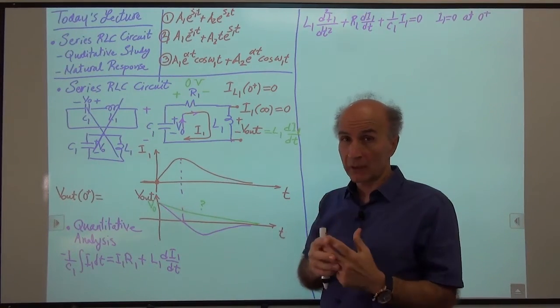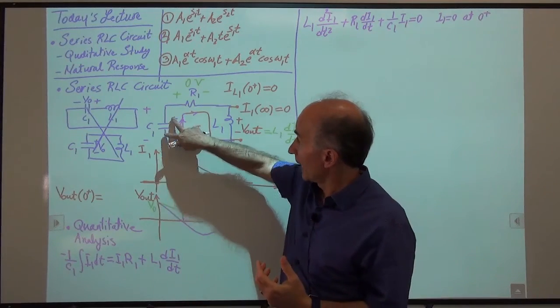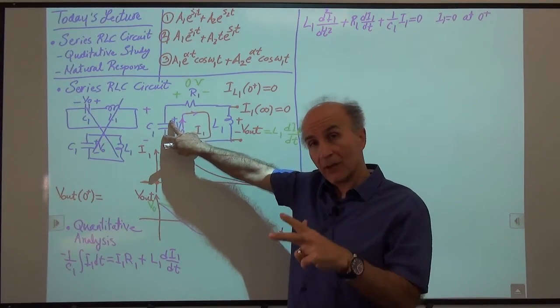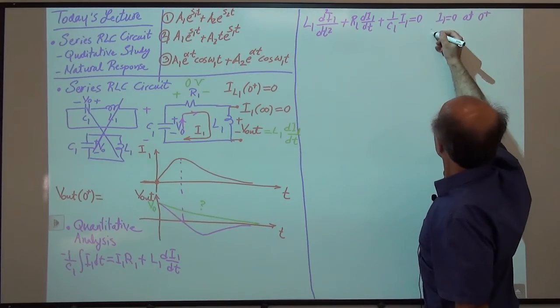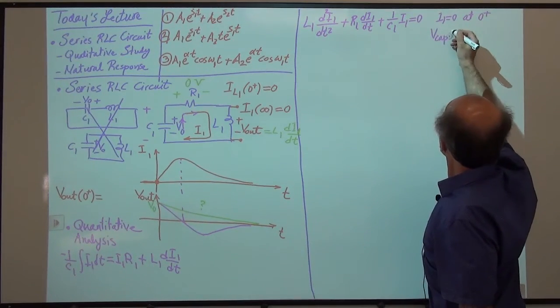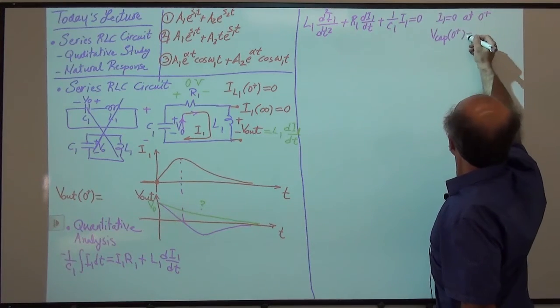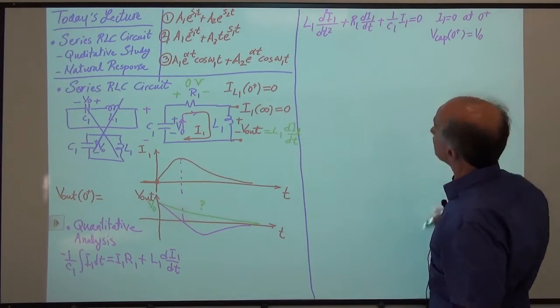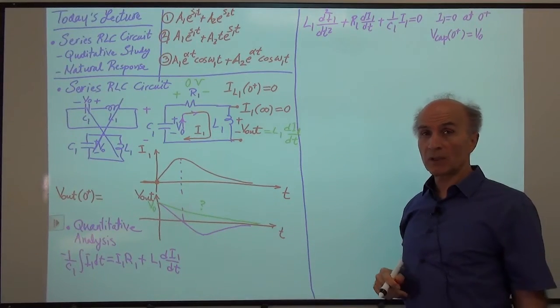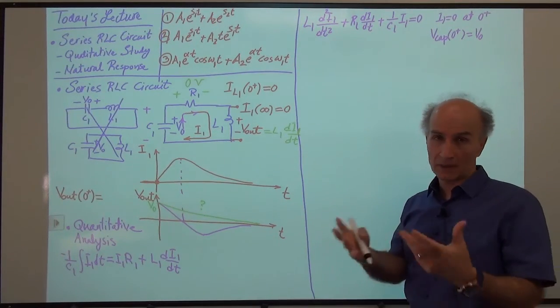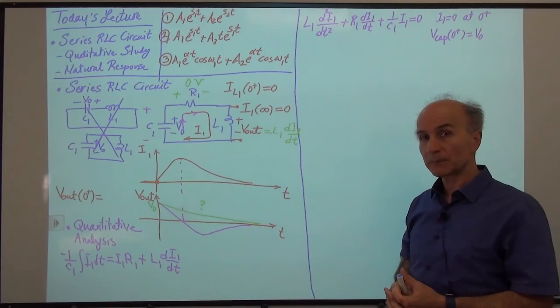We know also one more condition: the voltage on the cap at time 0 plus is V0. So we say V cap at 0 plus is equal to V0. All right, so now we have to solve this equation subject to these initial conditions and find the response.